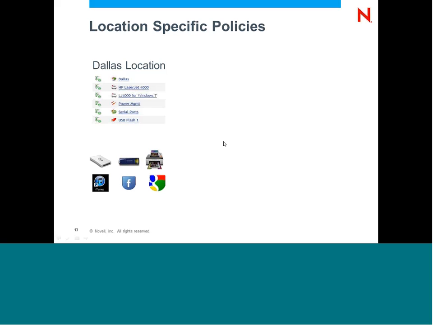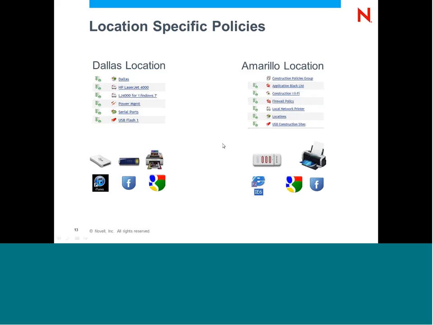And then in my Amarillo location, which happens to be where my construction offices are, I have a different list of policies. And here you can see I've got some extended policies where I'm looking at my blacklisting applications. I have a different USB policy setting than I do in Dallas. And I also have a firewall policy, which I don't have at the Dallas location.